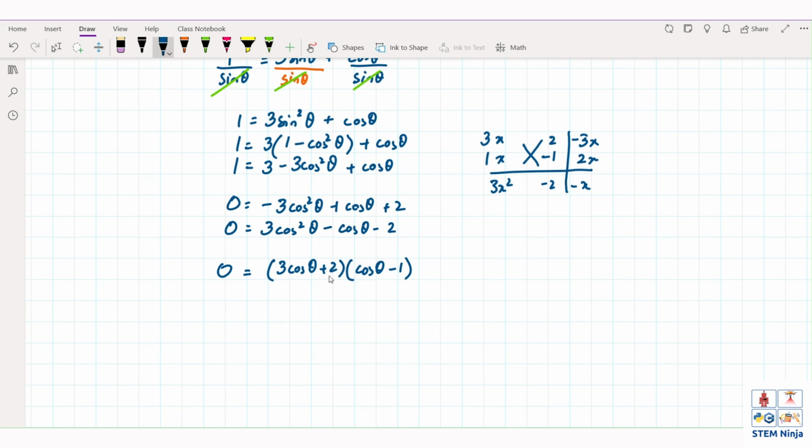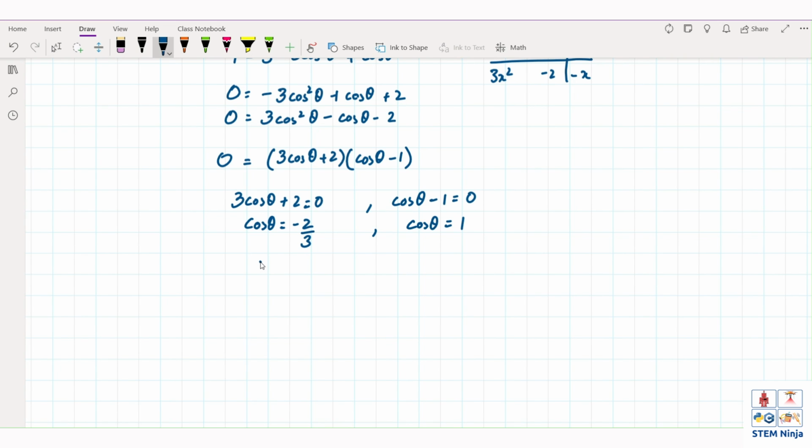So what we do now, we put each factor equal to 0. So 3 cos theta + 2 = 0, or cos theta - 1 = 0. So this becomes cos theta = -2/3, and this becomes cos theta = 1.